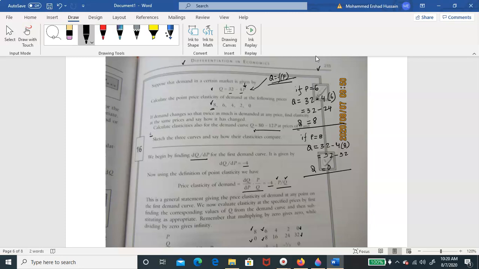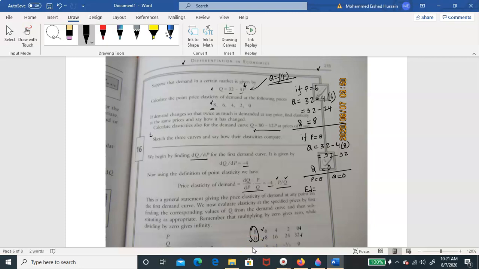Now again we will solve with this p and q. So what is the elasticity of demand when p equals 8 and q equals 0? That pair, this one.